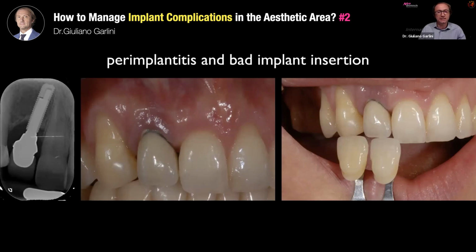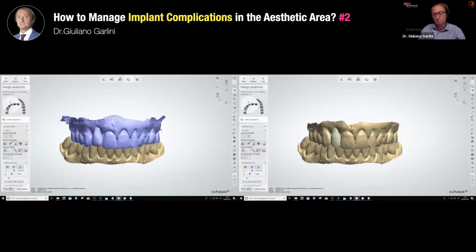Because in a clinical situation like the ones you see here, probably if I have a correct insertion of the implant, it will be possible for me to manage the situation without removing the implant, as I have shown you before, with a microsurgery approach and maybe some bone regeneration without removing the implant itself. But in a case like this, where we have peri-implantitis around the implant and a wrong implant insertion, it's not possible to maintain the implant itself.